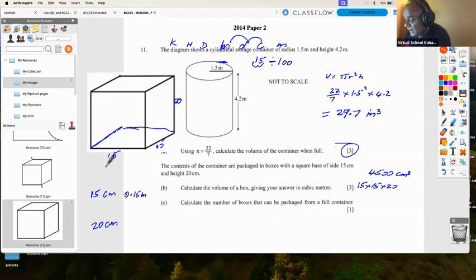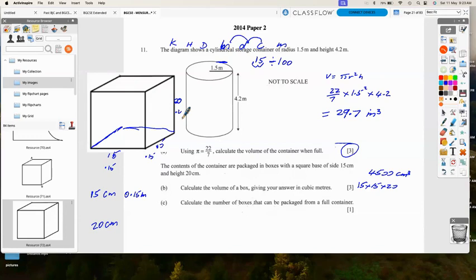So if you multiply 0.15 by 0.15, and then this one will be 0.2, see what you're going to get. I got 0.045, but I think I did something wrong.